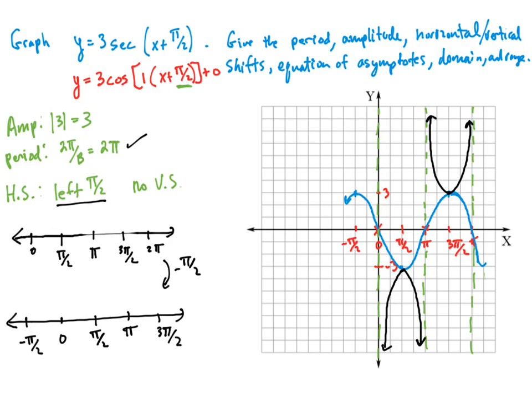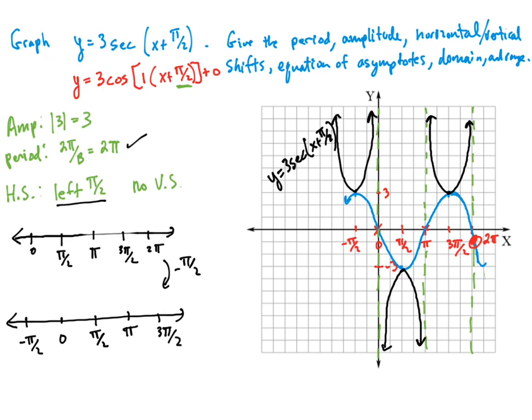So this curve is going up towards both asymptotes. So this is 2 pi. And then I could also have part of the graph here and here. So the black portion of the graph corresponds to the secant graph, y equals 3 secant of x plus pi over 2.